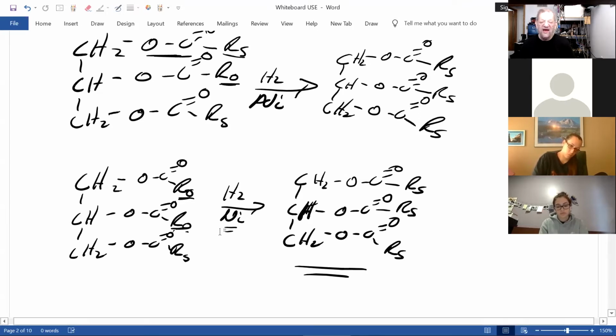Hydrogenated means add hydrogen to catalyst. Well, when you have a vegetable oil, oil means it's a liquid at room temperature. When you hydrogenate it or partially hydrogenate it, it becomes a solid or semi-solid. So what?